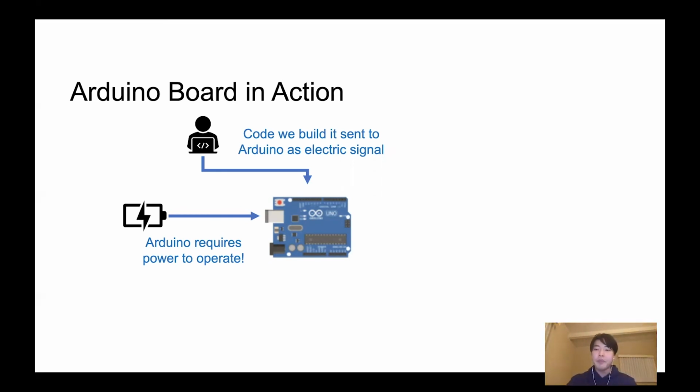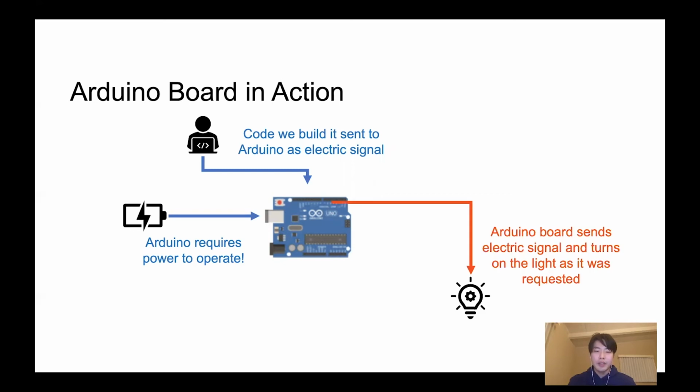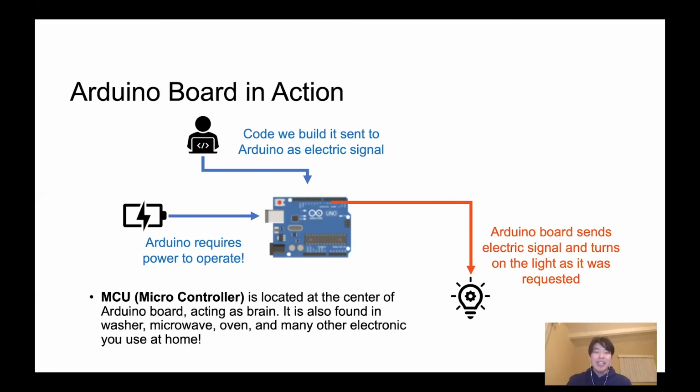All right. What it does is give instruction to other devices, for example a light bulb, to do whatever we want. For example, we can say blink 10 times and it will blink 10 times. Because in the center, I'm not sure you can see, but do you see that little square? There's something called a microcontroller.